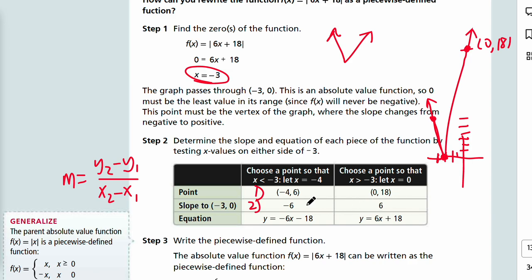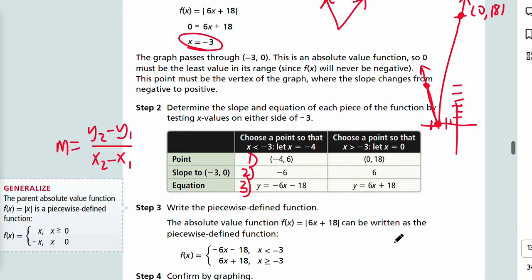And so then your first equation would be -6x minus 18. Your second equation would be 6x plus 18. So now that we have two equations, we're going to write the piecewise-defined function.